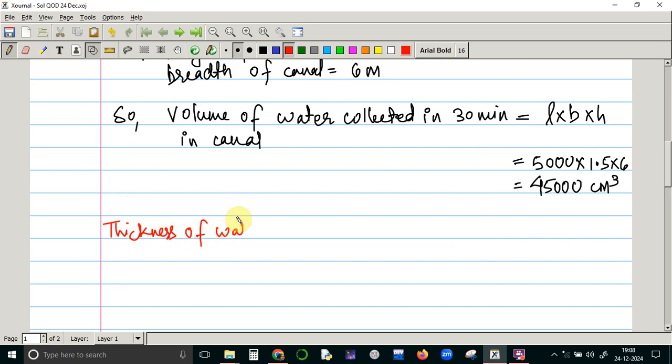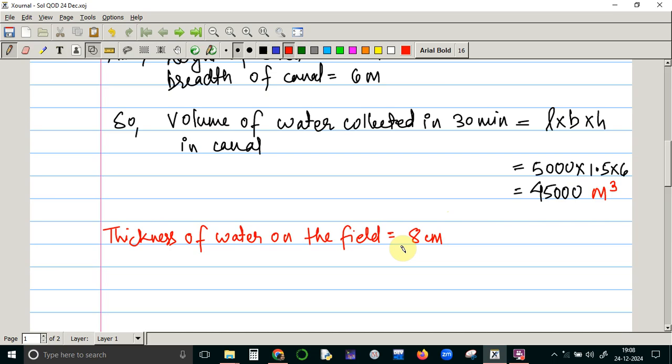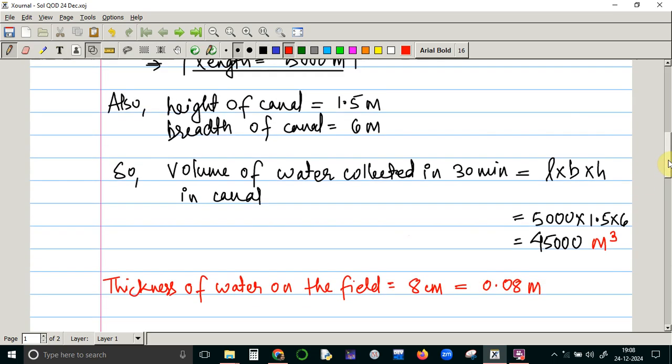Thickness of water on the field is equal to 8 centimeter. Let's convert this into meters, so 0.08 meters.